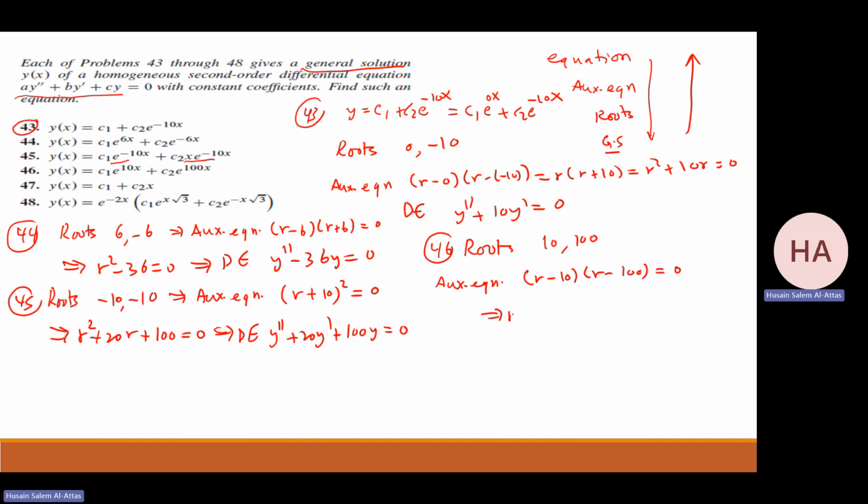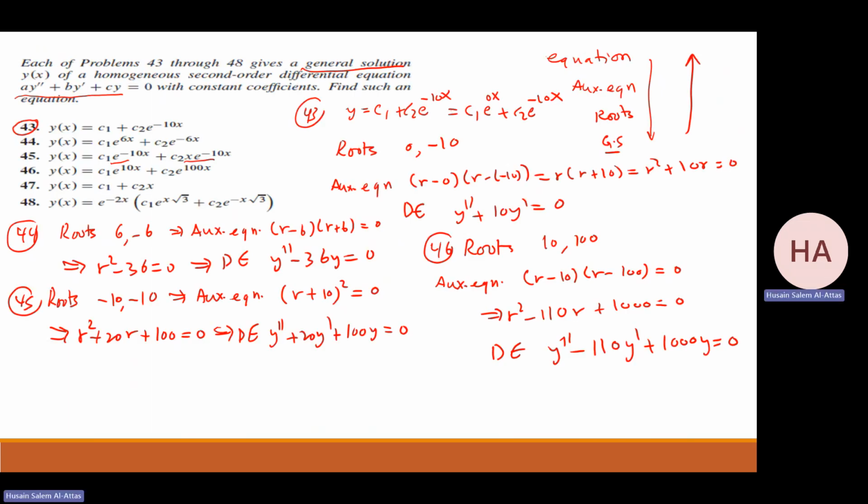So I have r squared minus 110r plus 1000 equals 0. Differential equation: y double prime minus 110y prime plus 1000y equals 0.